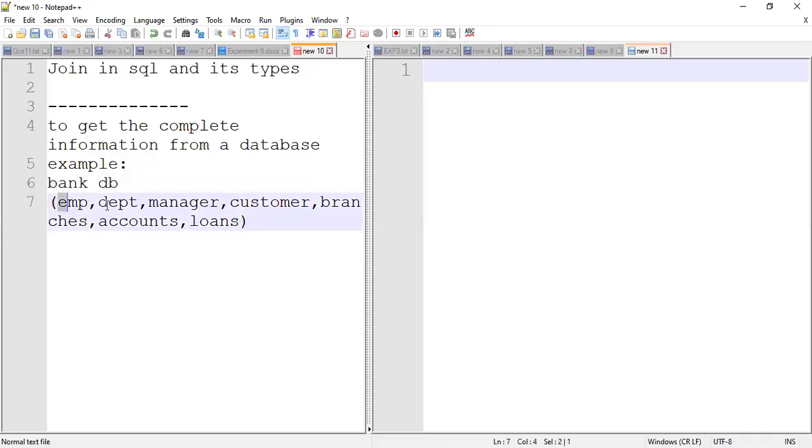And there are many tables under the bank database: employee, department, manager, customer, branches, different accounts, loans. So all the information is here.